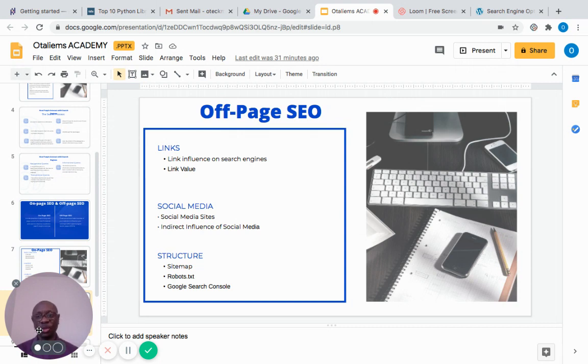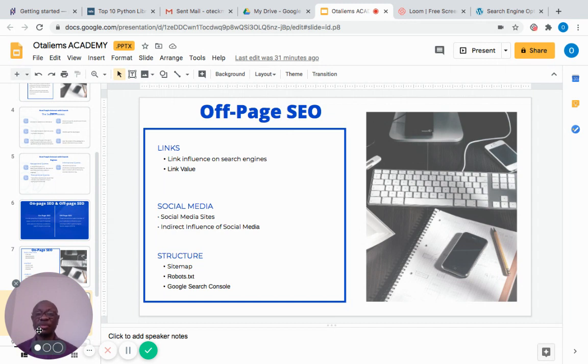And again, social media. We all know everyone is on social media. Try as much as possible to be on different social media platforms, because it adds different juice to your website. There are a lot of people there. When your site is exposed to more people, you are likely to get more traffic, especially when you're not paying for it.